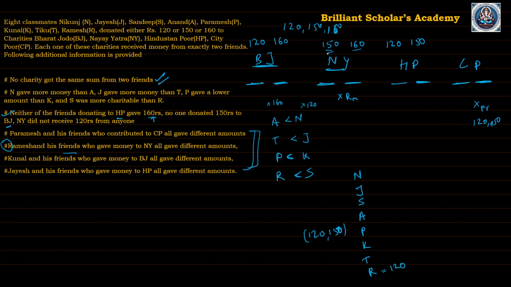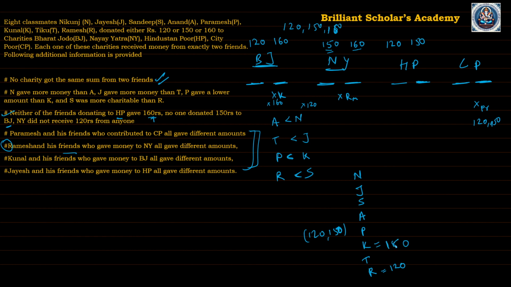Nyaya Yatra is getting 150, 160. Ramesh is not giving. Ramesh must be giving different sums. So Ramesh must be giving 120 rupees. Kunal and his friends who gave money to Bharat Jodo. So Kunal is not the person giving the money here. His friends are. They give different sums. So Kunal is giving 150 rupees for sure.